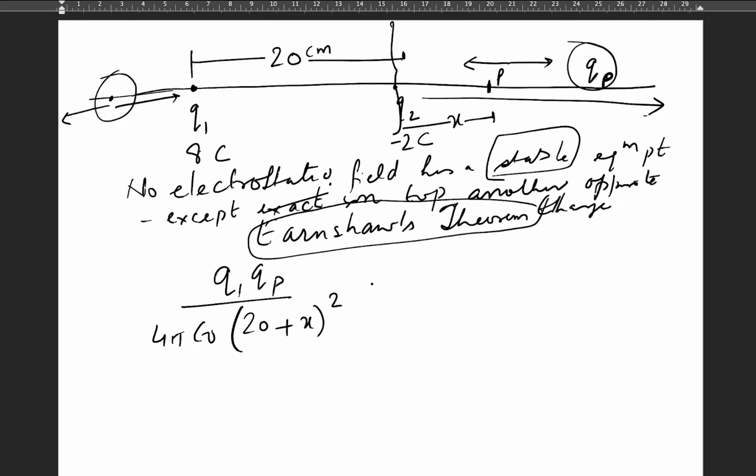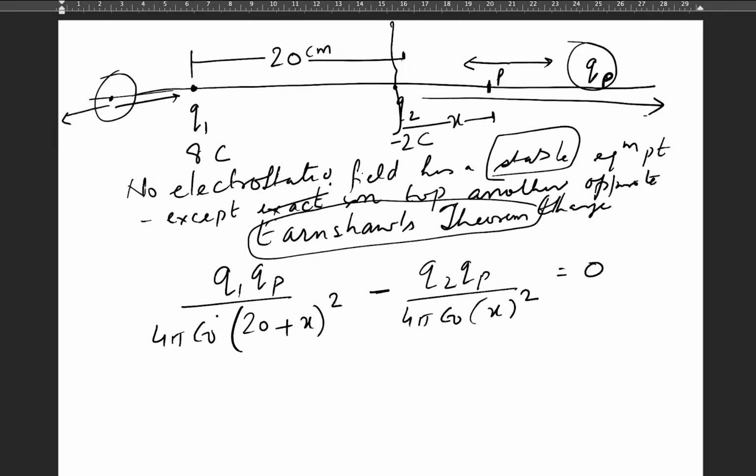I am not going to bother about the units. However, you should try to solve with proper units. And the force due to Q2 will be Q2 QP over 4 pi epsilon naught x squared. So the total force should be equal to 0.